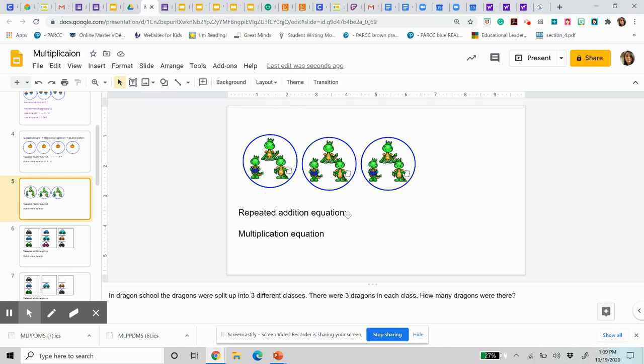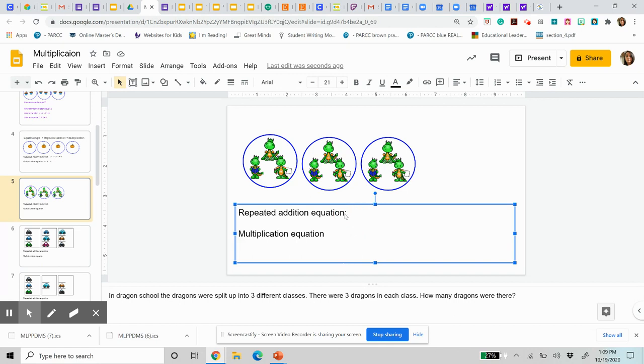If we were going to do repeated addition, our equation would look like 3 in group 1, another 3, plus another 3. And if we did that, we could count by 3s: 3, 6, 9. We could also go 3 plus 3 more, so 3, 4, 5, 6, 7, 8, 9.